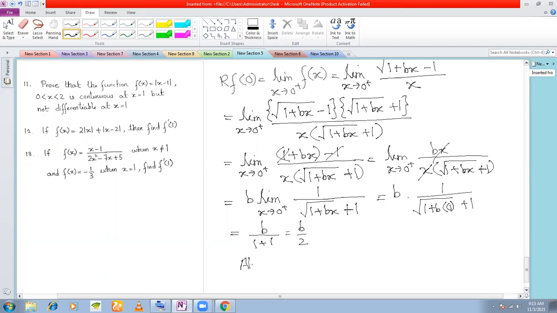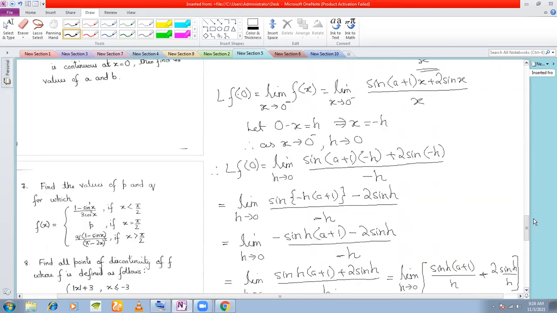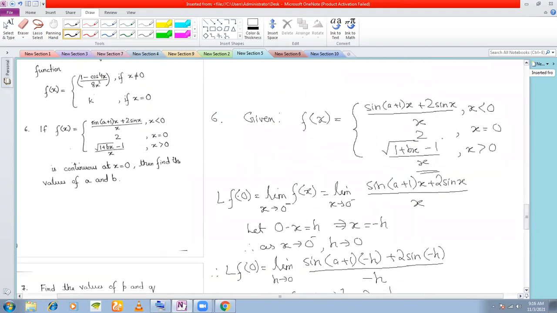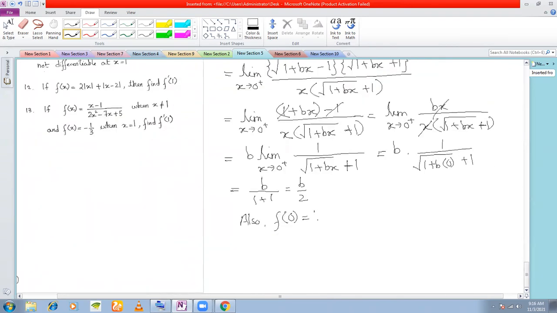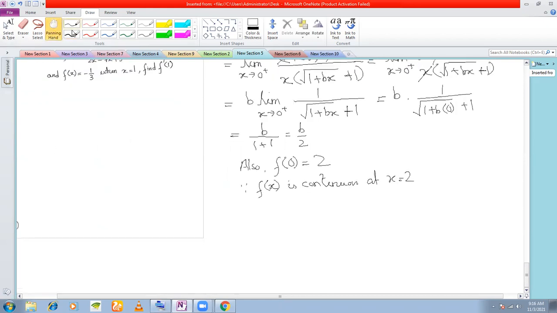Also, what is the value of the function at x is equal to 0? If you see, the value of the function at x is equal to 0 is 2, right? Also f0 is equal to 2. So since fx is continuous at x is equal to 0, it is given to you. Therefore, what do you have?